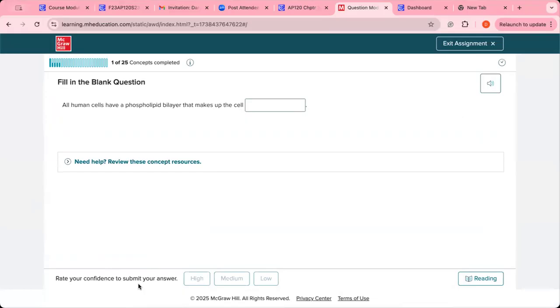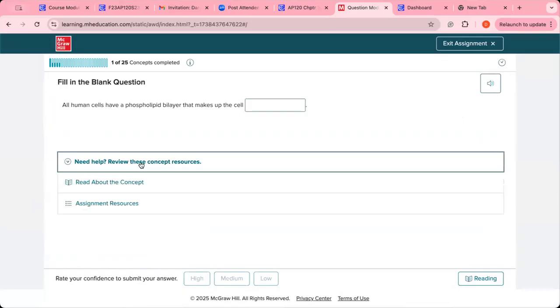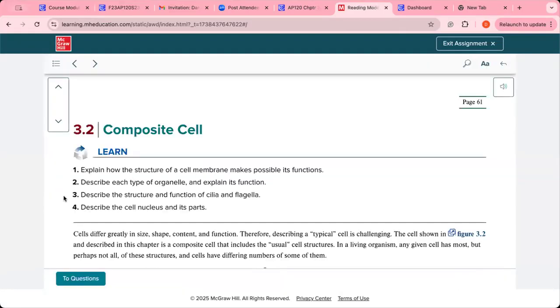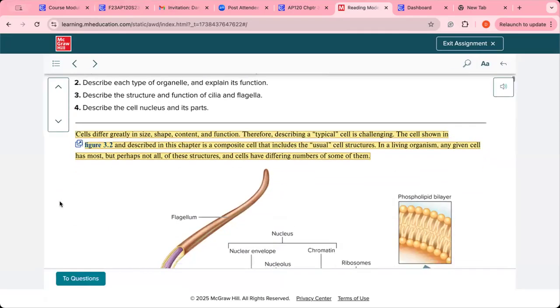All human cells have a phospholipid bilayer that makes up the cell blank. Cells differ greatly in size, shape, content, and function. Therefore, describing a typical cell is challenging. The cell shown in figure 3.2 and described in this chapter is a composite cell that includes the usual cell structures.